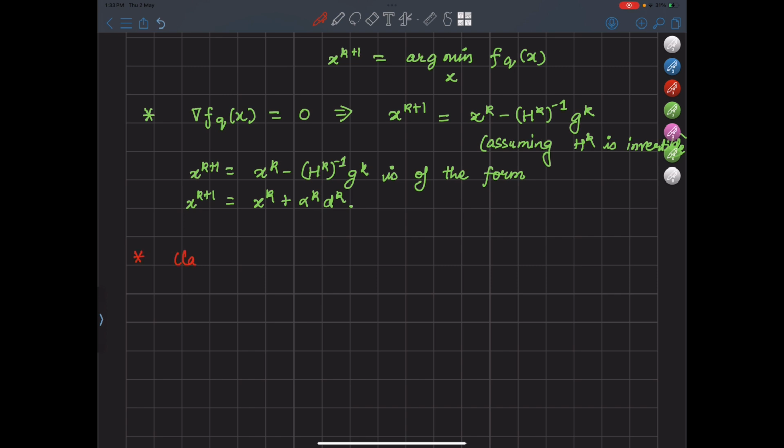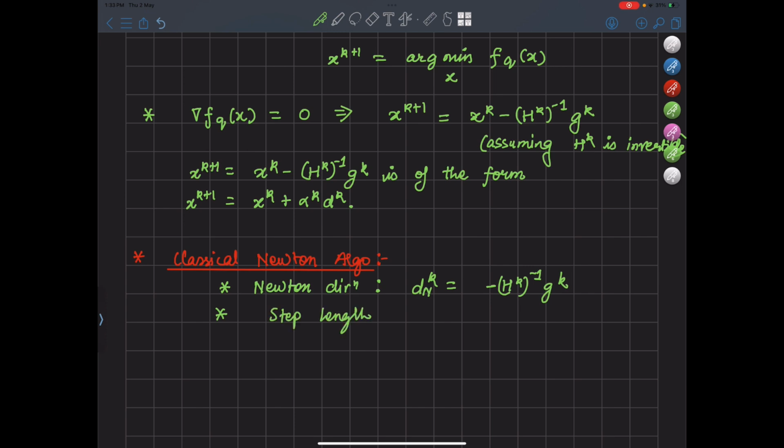So in the classical Newton algorithm, the Newton direction is given as minus Hk inverse gk, and the step length is given as 1, a unit step length.